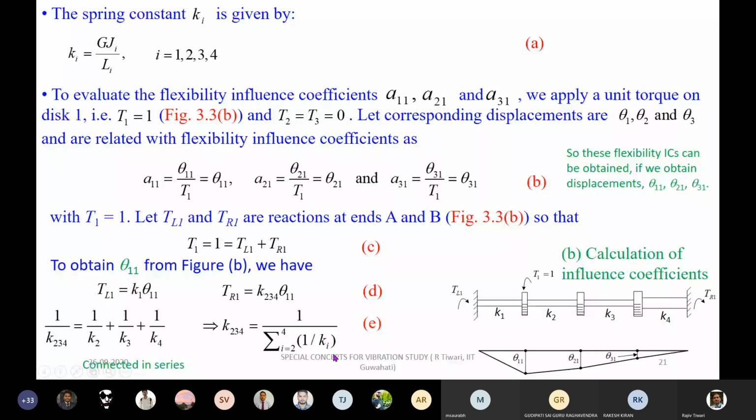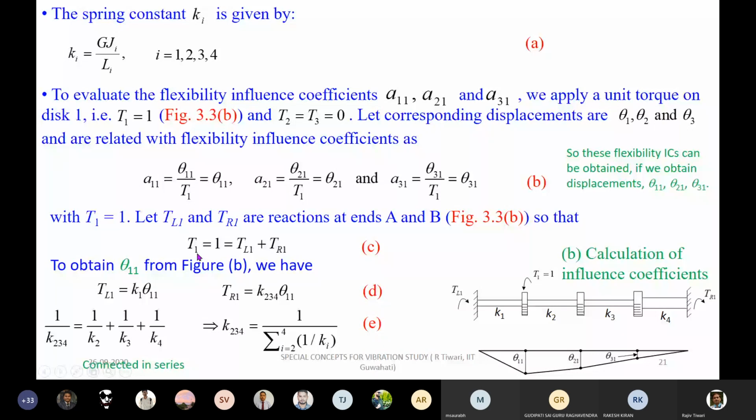Again, the aim is that now we'll substitute this here, both. And now you can see that we are relating the angle theta 11 with the stiffness of the shaft segments, which is our main aim. Once we get theta 11, A11 can be obtained in terms of stiffness.